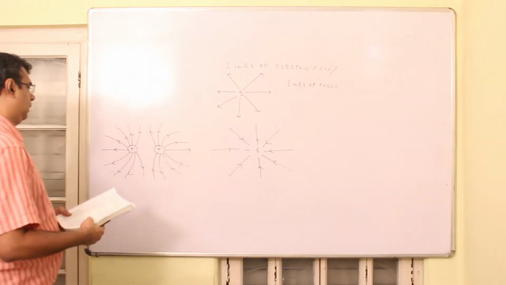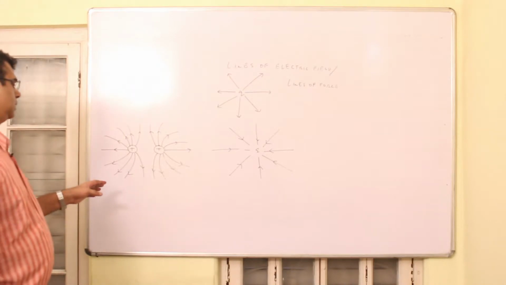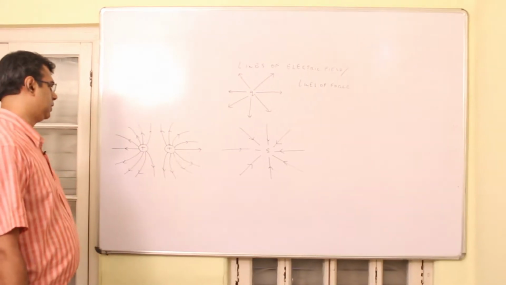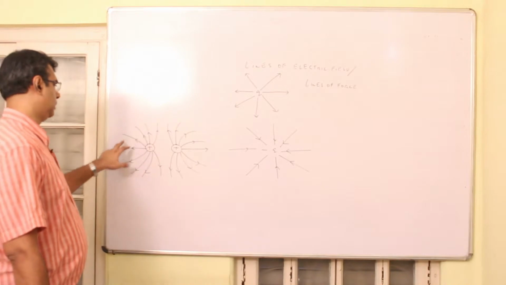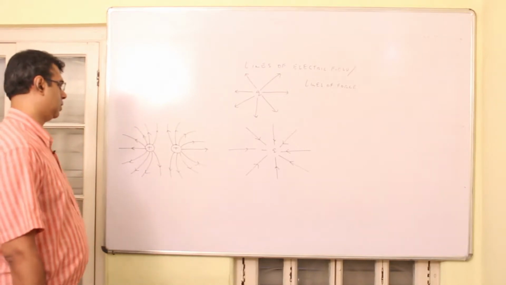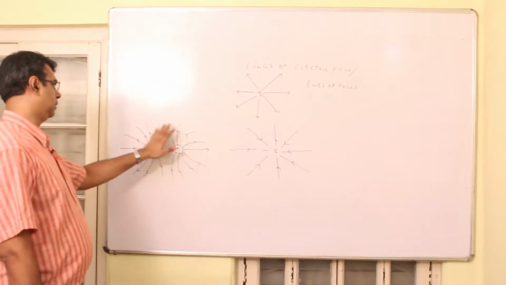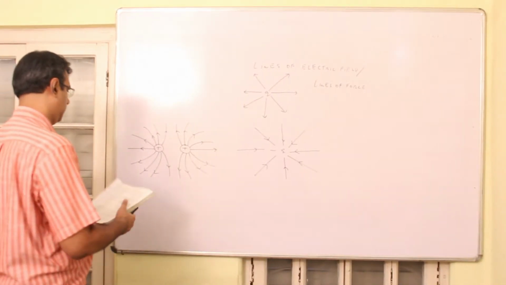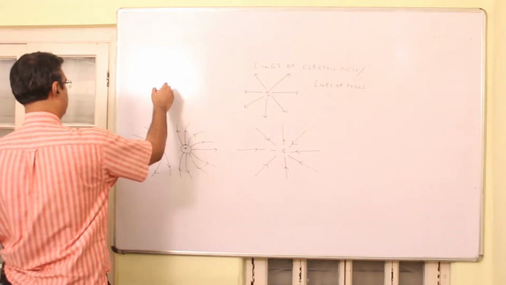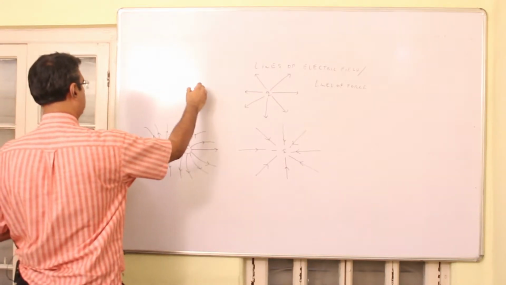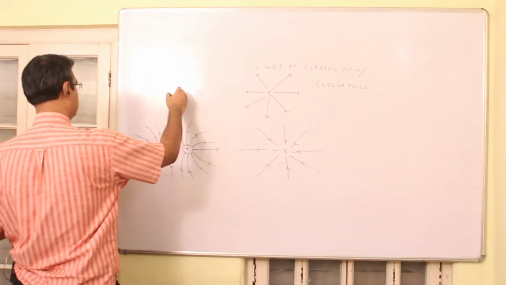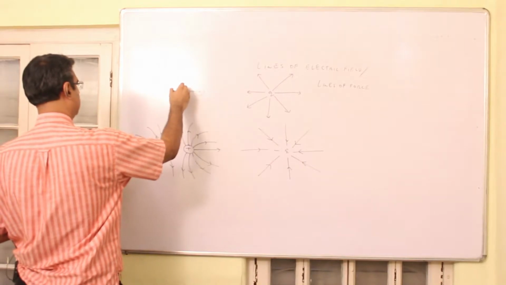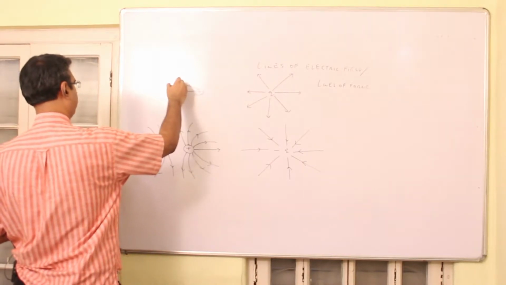If you have two positive charges placed in front of each other like this, then this will be the manner of the lines of force or the lines of electric field, the way I have shown it on the board. And if you have one negative charge and another positive charge, then the lines of force will point like this.